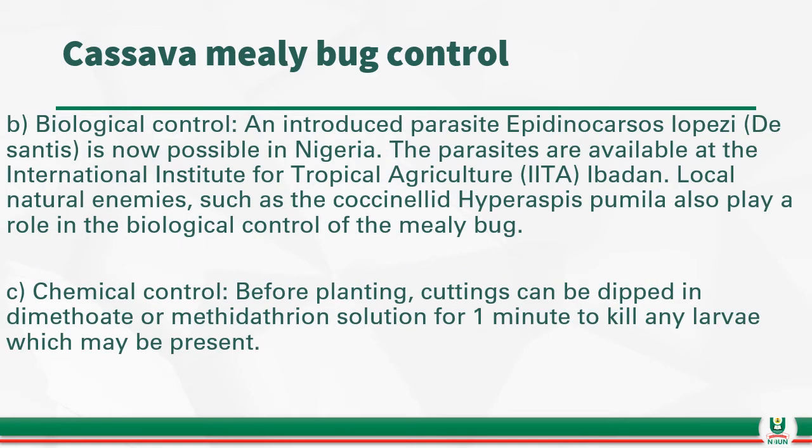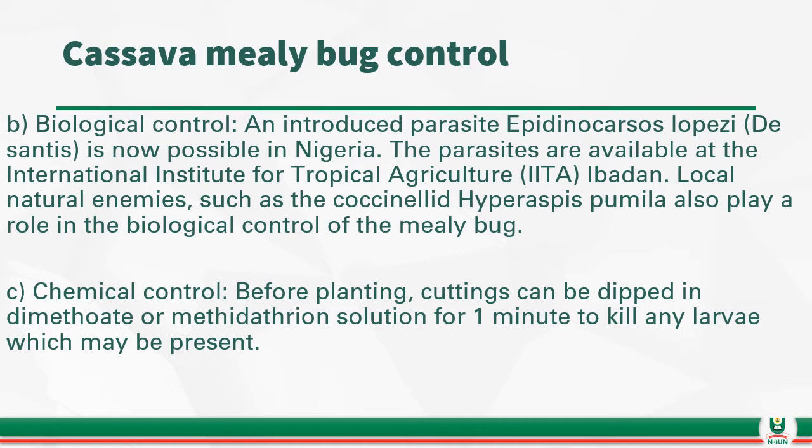Also, you can control this cassava mealybug the biological way, and this is by introducing a parasite. Okay, and the name of the parasite is the Santis. What you do is that you introduce, because biological control talks about introducing other insects to come and destroy that particular insect that is disturbing the crop.